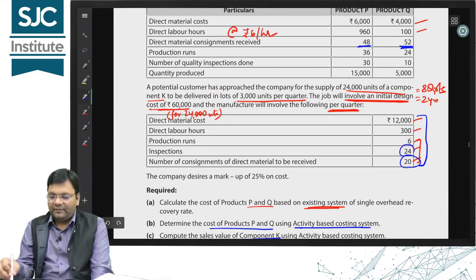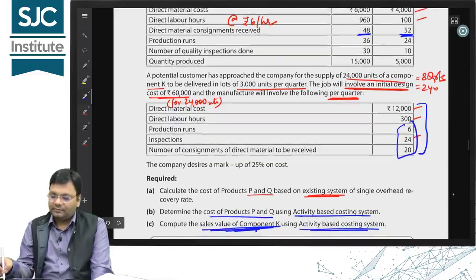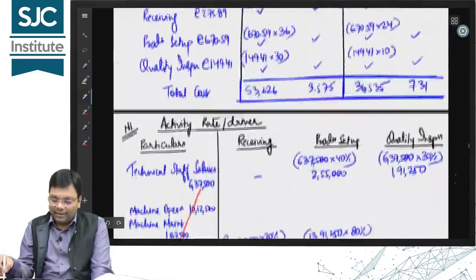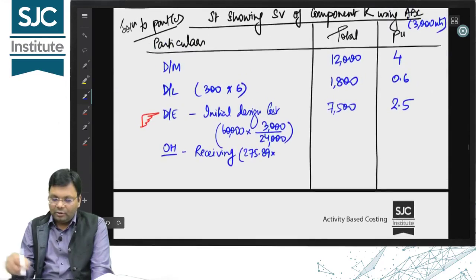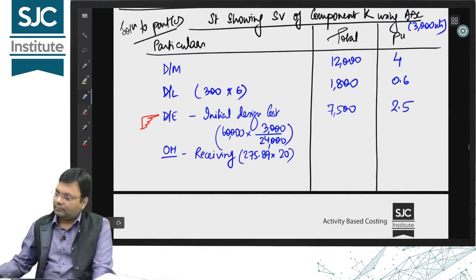So 20, 24 and 6. So this needs to be used to take the activity cost. So into 20. 275.89 into 20 is 5518.